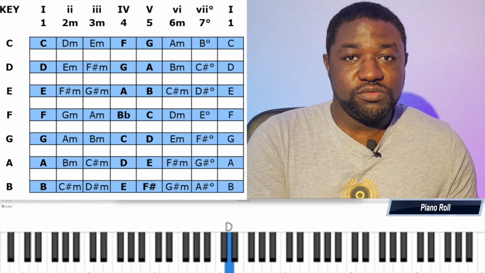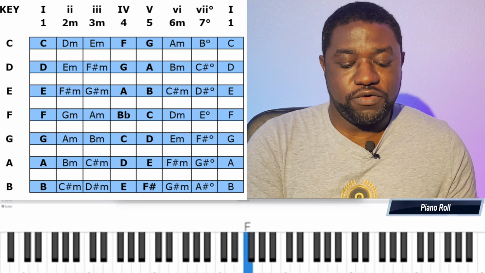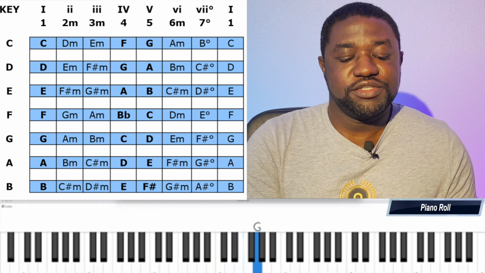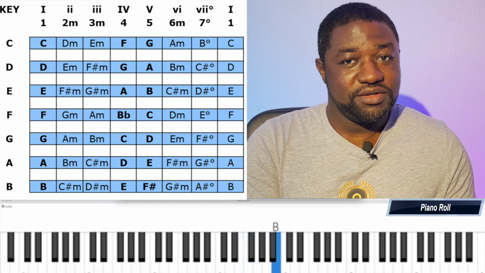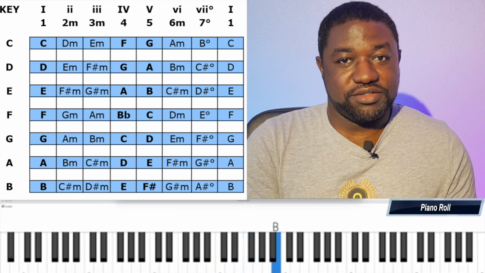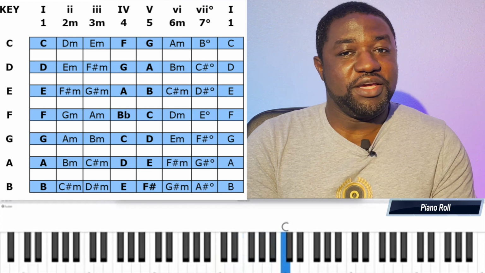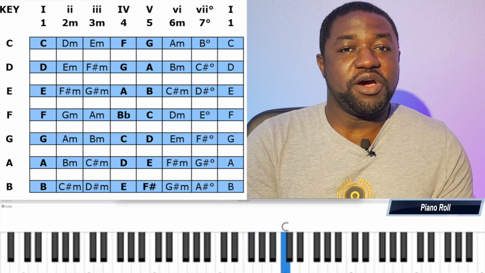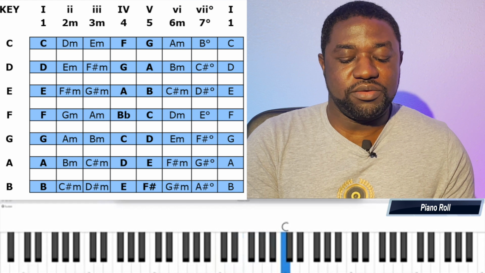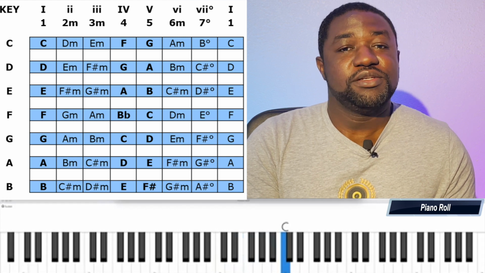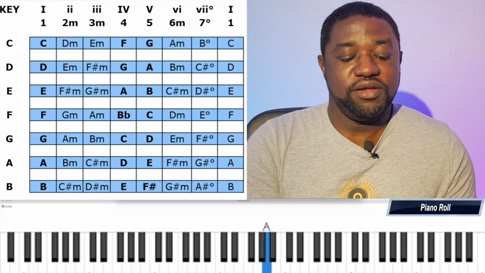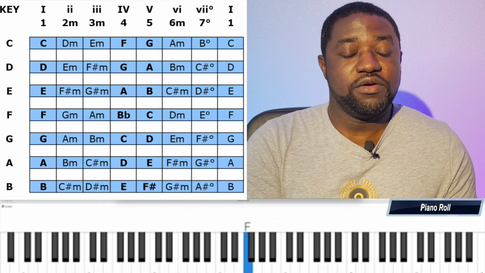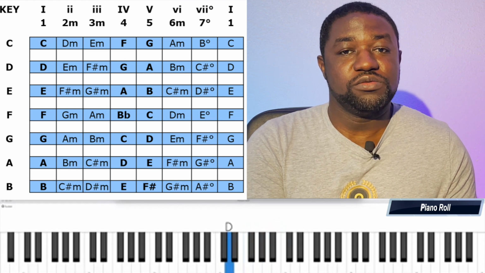So this becomes 1, 2, 3, 4, 5, 6, 7, and 8. Remember, 8 is just simply the repetition of our initial 1. So let's move back. 8, 7, 6, 5, 4, 3, 2, 1.